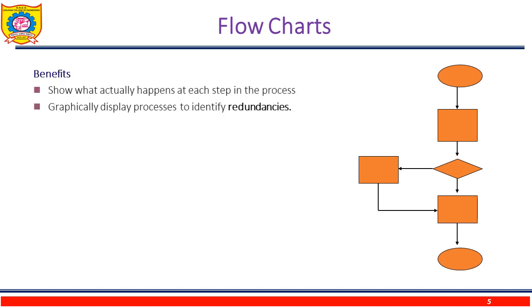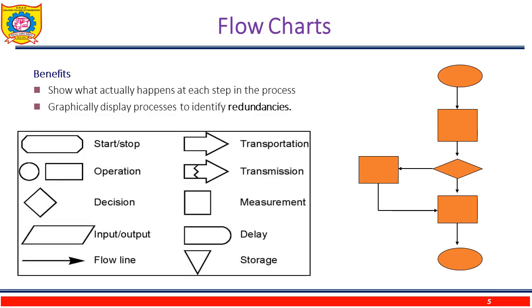What are the benefits of a flowchart? It shows what actually happens at each step in the process. It graphically displays the processes to identify the redundancies. Now see which different symbols are used for drawing a flowchart.